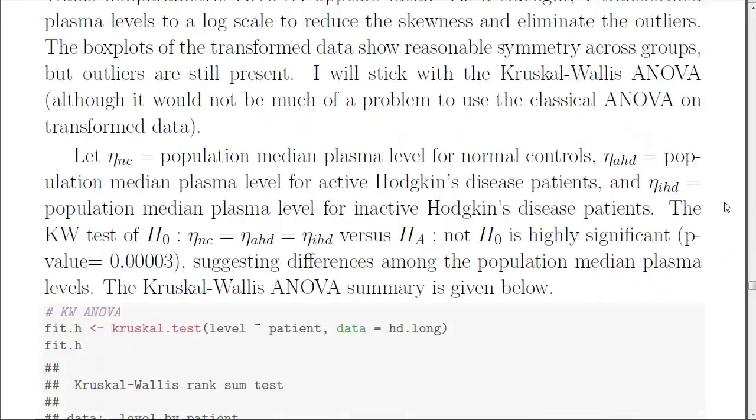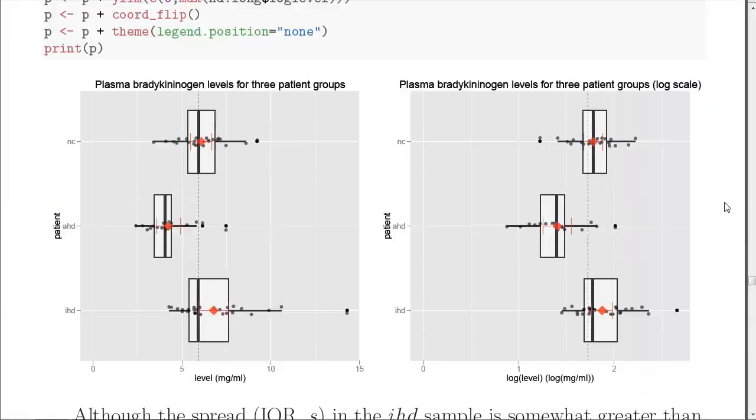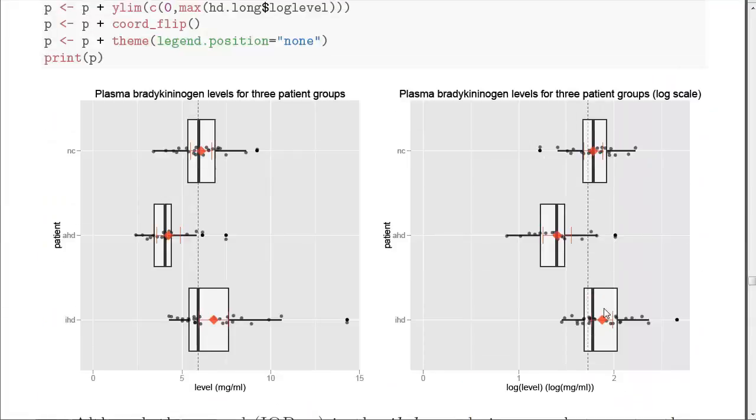All right. Maybe the thing to mention here is that because we found a transformation where we have the same shapes of the distributions, we can apply the Kruskal-Wallis test, and the results will also apply on the original scale.